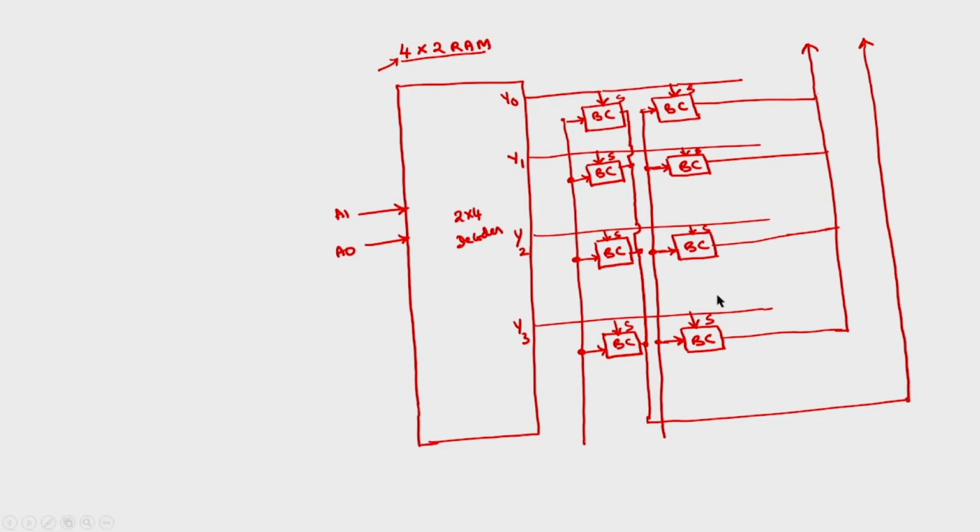This is output of the second cell. This I will call as D1. This I will call as D0. Because the data is bidirectional. And this is for the first cell. So I will call this one as input signals. So these 2 are the input signals. This is D1, D0. This is the bidirectional data bus.